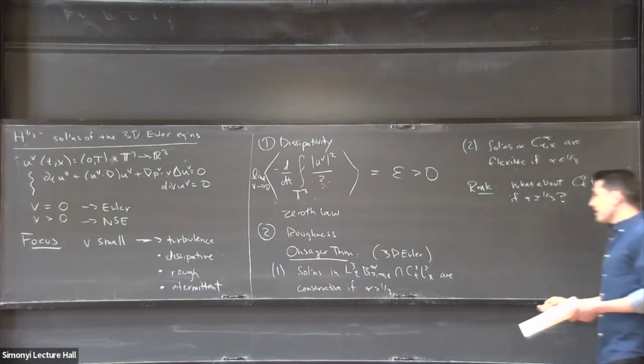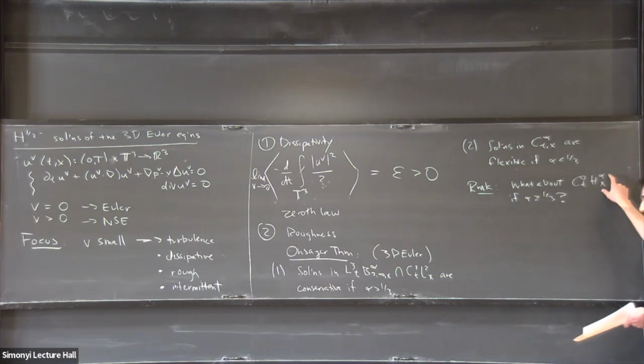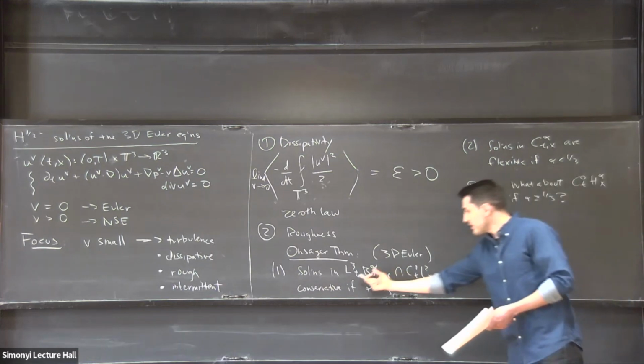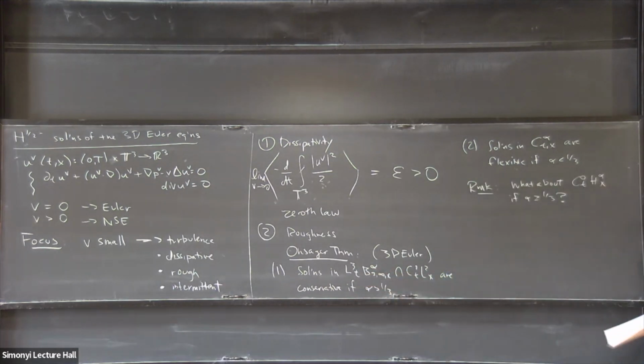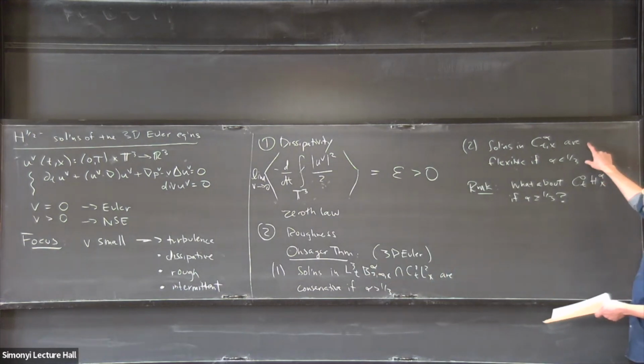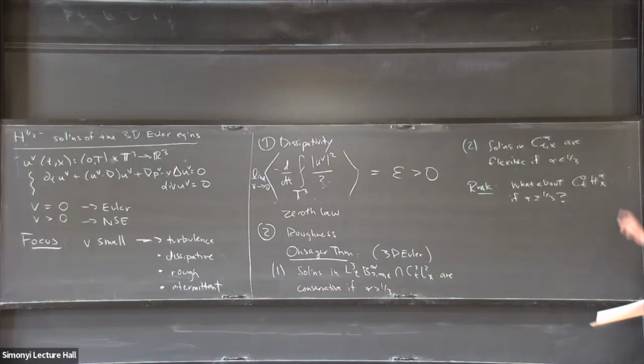Because I could have a solution which has this regularity, but not this regularity, so I can't apply the rigidity half. And the constructions of these solutions don't give estimates which lead to this regularity in L^2.